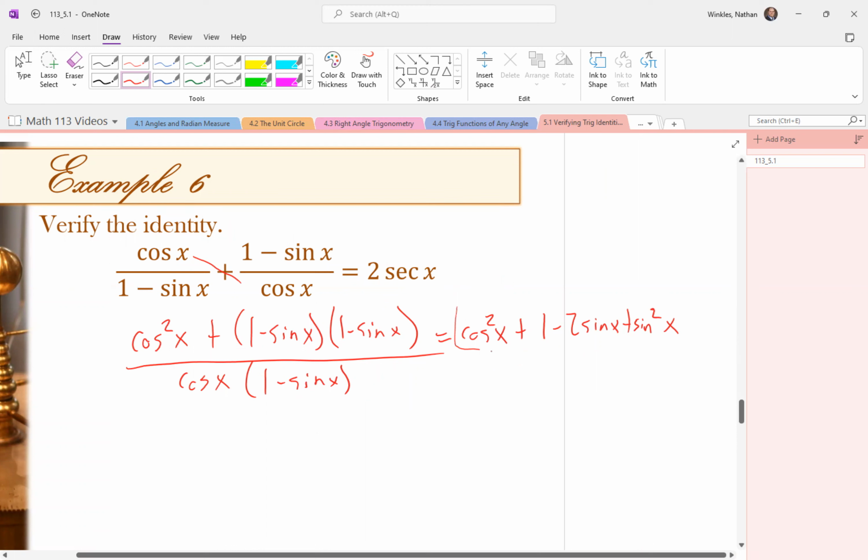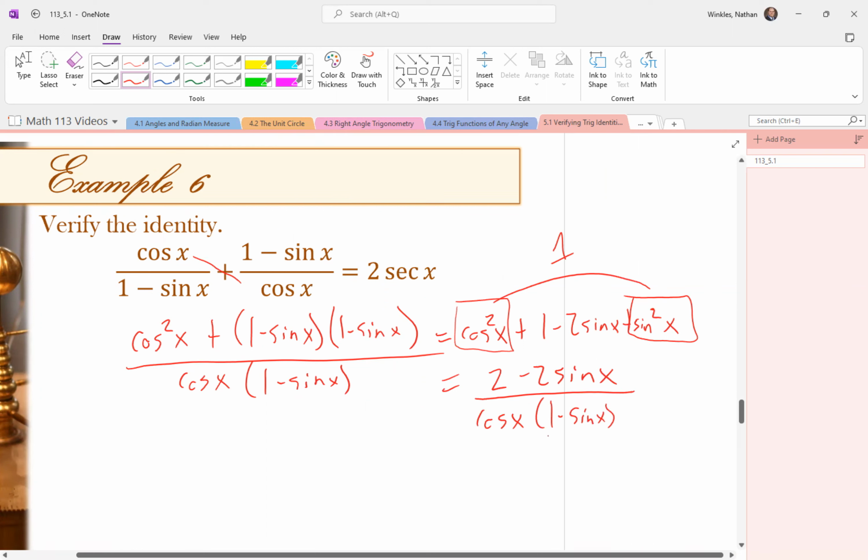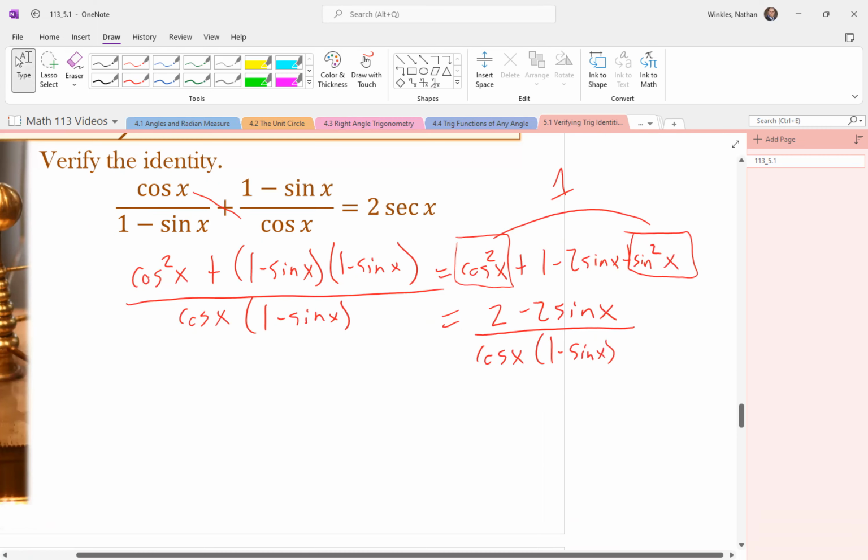If we combine cosine squared x and sine squared x, these two gives us 1. So we're left with 2 minus 2 sine x over cosine x times 1 minus sine x. We factor out a 2, we get 2 times 1 minus sine x over cosine x times 1 minus sine x.